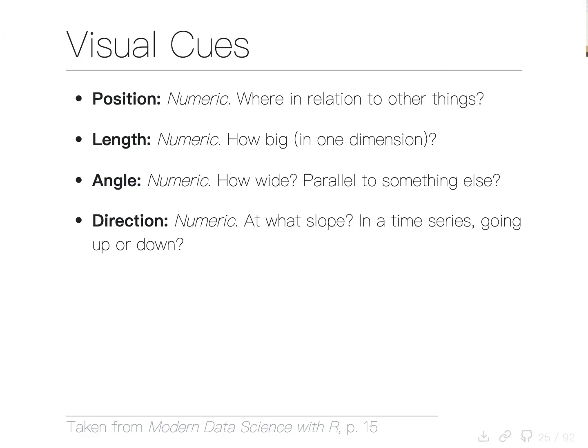That's also more like length. Okay, so position is more like position in space, like you could think of a point in a scatter plot. And then angle, how wide, parallel to something else or not. And then direction, right? So at what slope? So again, thinking of a regression line and the slope of that regression line, time series plots, that sort of stuff.